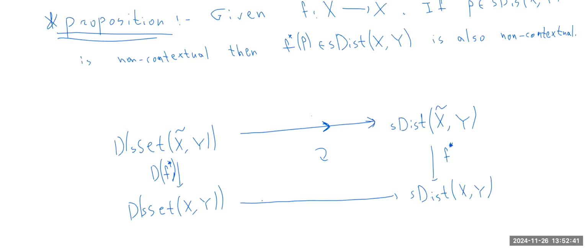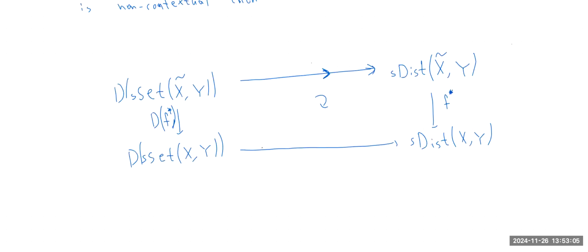These scenarios, x tilde y, are a classic scenario. There is no phenomenon of contextuality. Every simplicial distribution is coming from some global distribution. So that's what I mean. If this is the case, then everything extending from here is non-contextual, right?